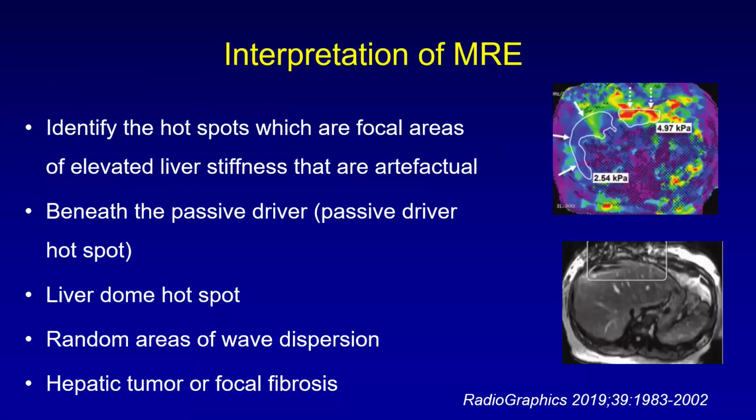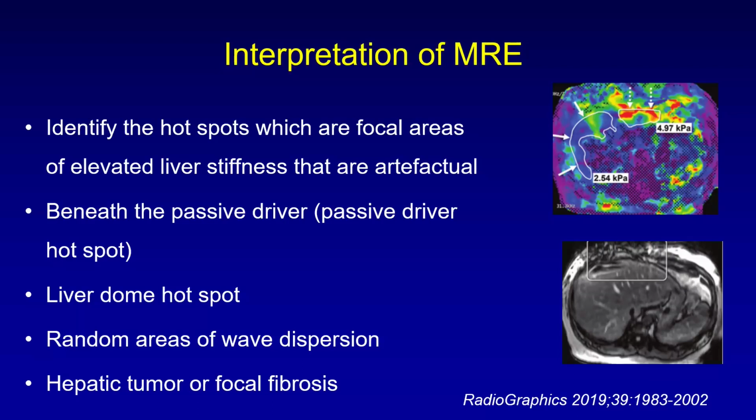It is also important to know that there are some pseudo values that you can get when interpreting the MRE sequences. These are called hot spots, which are focal areas of elevated liver stiffness that are artifactual. One, in the box, is caused by the passive driver that is placed, which gives rise to an artifactually high LSM value in that region.